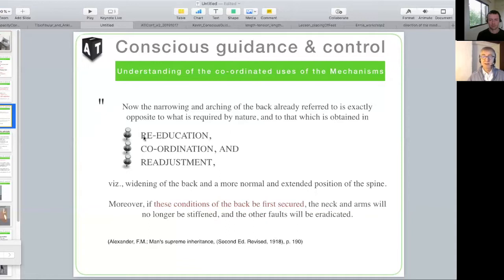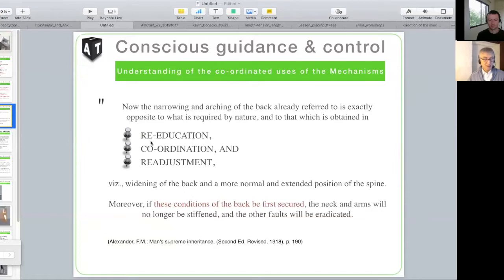And Alexander said that this mental belief that feeling is going to help produce movements or is going to help to improve faulty coordinations of movements is not correct.